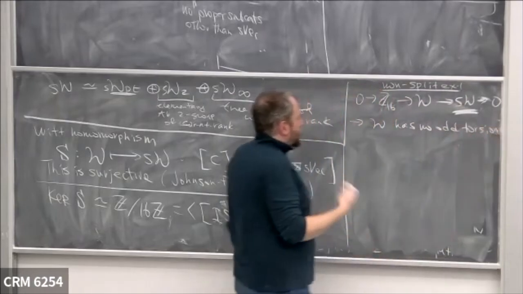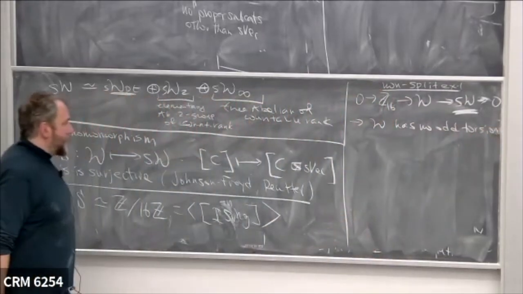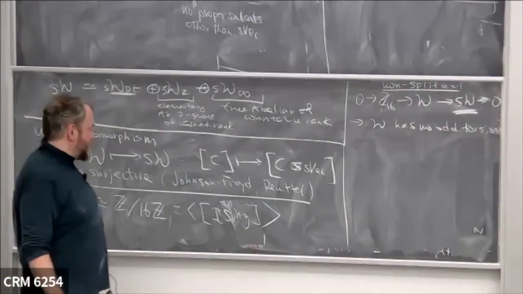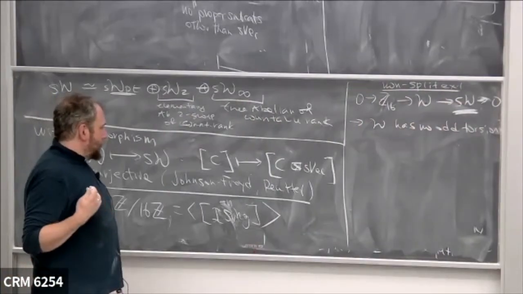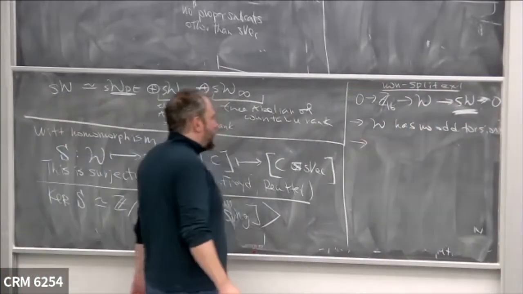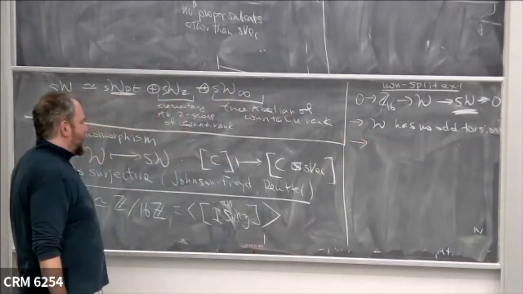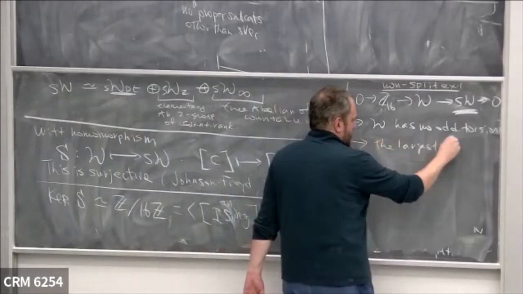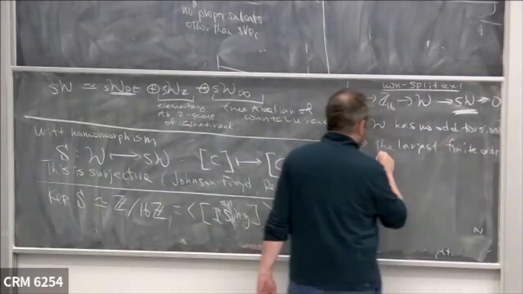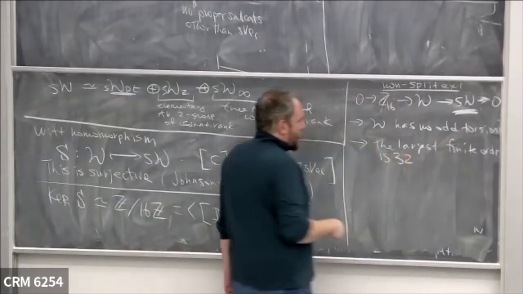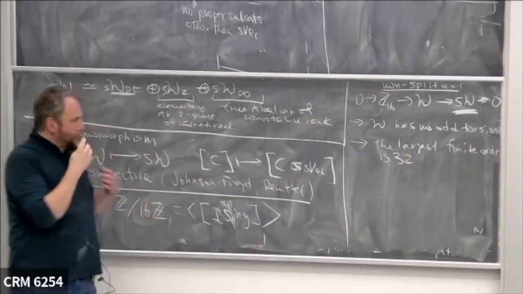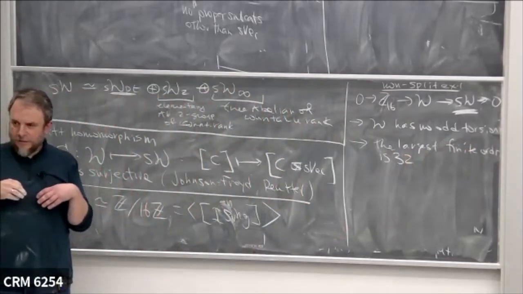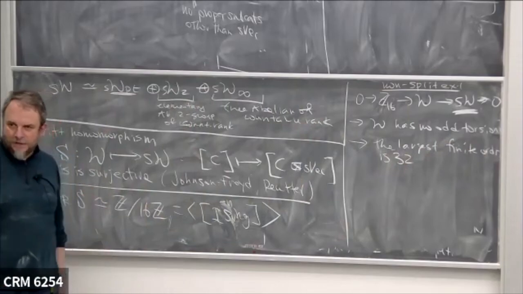There is a 2 torsion, of course, and the largest finite order of an element in the Witt group is 32. So these things are going to be the square roots of Isings. Right, something that when you take a square has order 16.